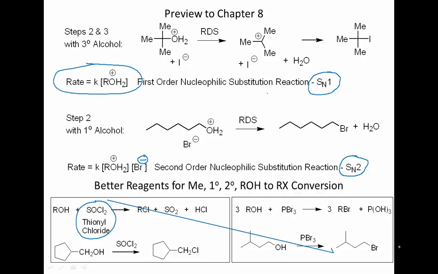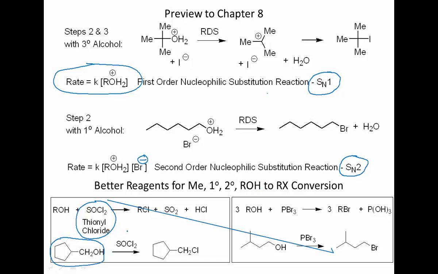So for example, if we take this alcohol right here and treat it with SOCl2, we'll get the corresponding alkyl halide. And this is the way organic chemists are commonly going to write reaction equations.